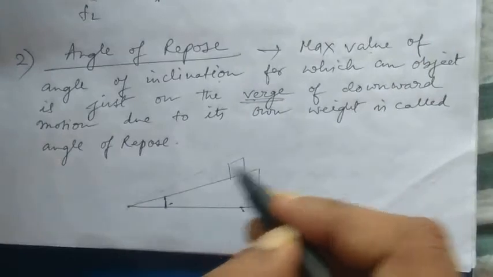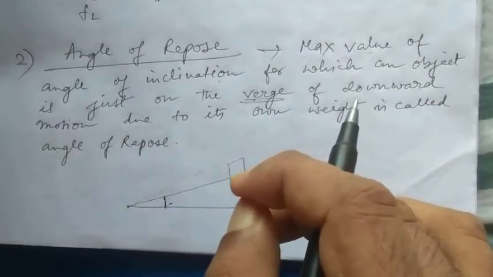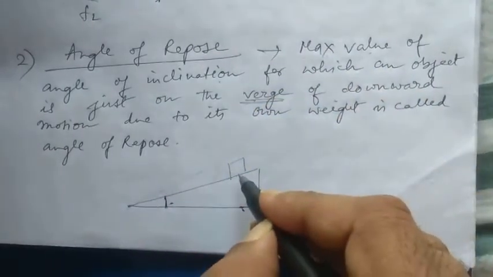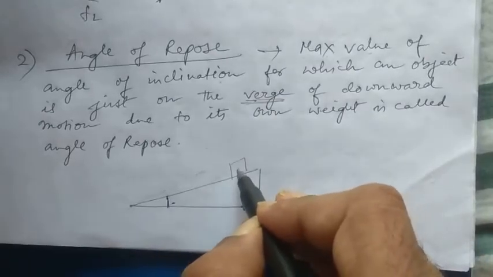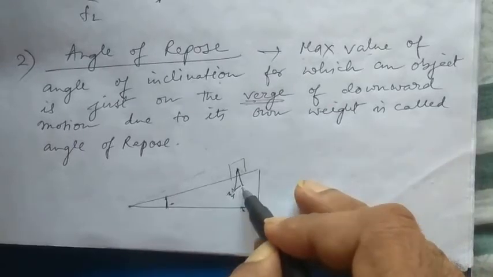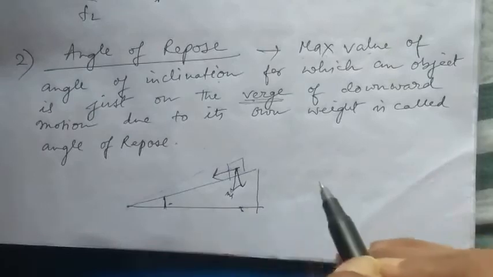That means now we have to understand how the weight is divided into two components. One is this mg acting downwards. One component will act like this and another component will act along the inclination.